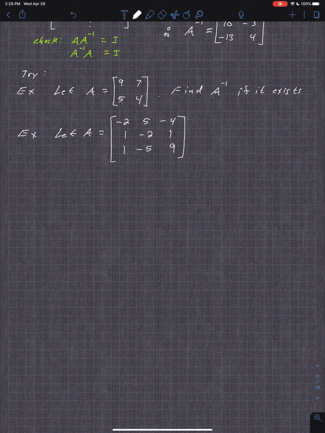And do the same technique, but now this is a 3 by 3. If you can do that, you'll be totally fine for the final. I'll clarify some of the details. It'll be more simple for the final, more like a 2 by 2 or part of a 3 by 3, where it's easy to do a calculation. But try this. I'll have it written up for you on the next video, and then we'll go on to matrix equation. It kind of pulls together some of these concepts we've been doing. Okay.